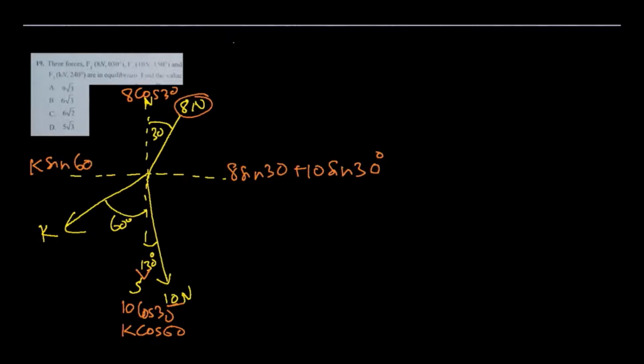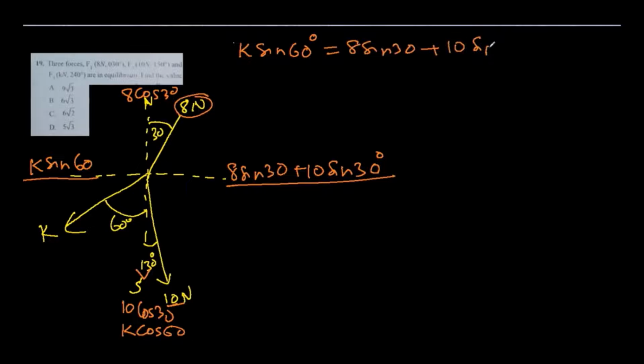Now, since this whole system is in equilibrium, Lami's theorem could have worked, but I am trying to give you an answer, and by comparing horizontal components, making them equal, I'll get the answer. Otherwise, the answer from the vertical one will be contradictory to this. That will be a different answer, which should not be possible in a question. But since they have given a question, I'm doing it. So k sine 60 on the left is equal to 8 sine 30 plus 10 sine 30.